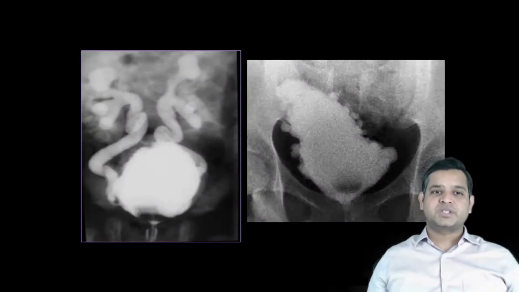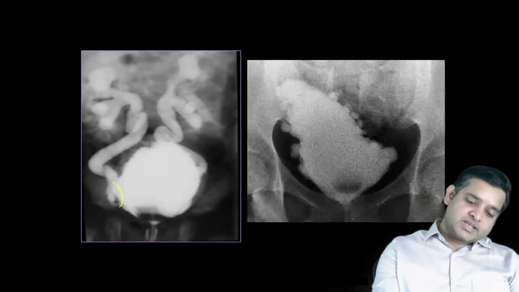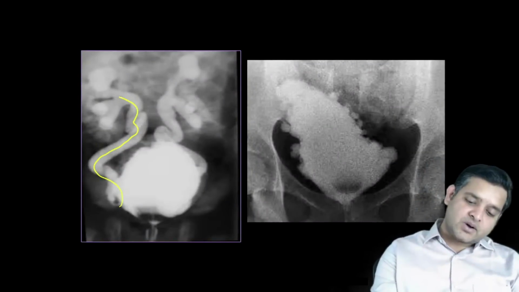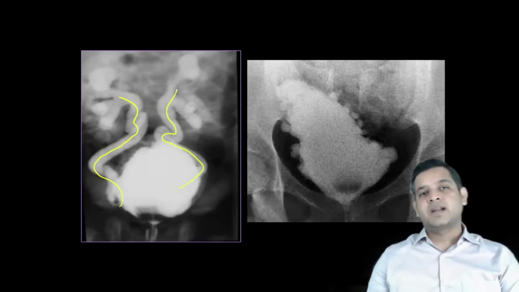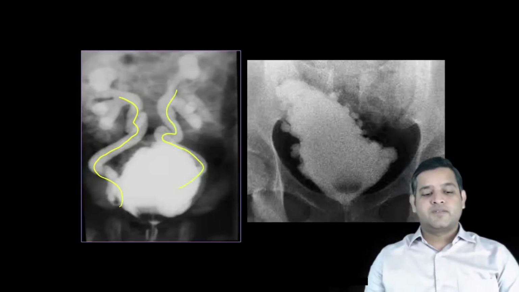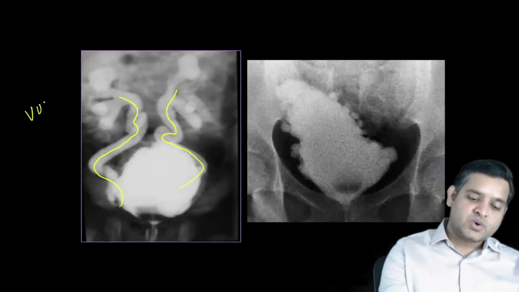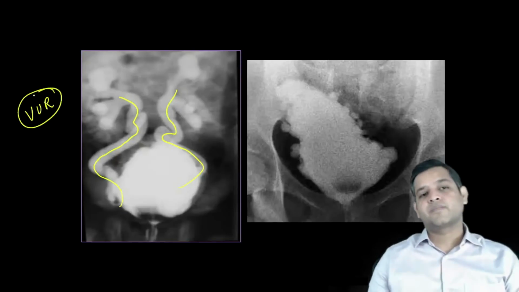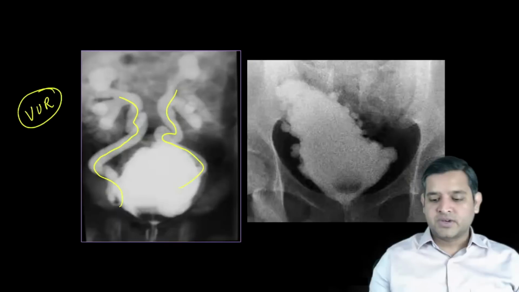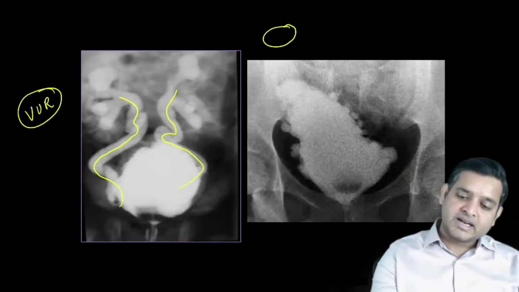Whereas what do you see in these two images? In this image, you can see that there is a reflux of the dye into bilateral ureters, and this is vesico-ureteric reflux. Whereas what you see here, normal, the bladder is like this. In this, the bladder becomes triangular.